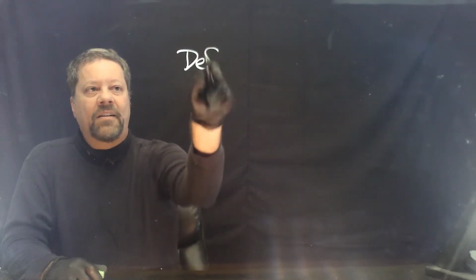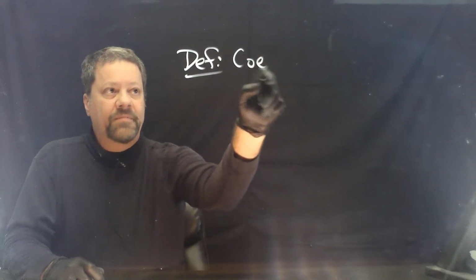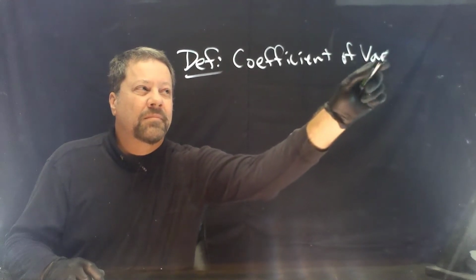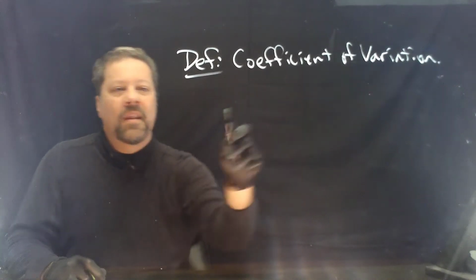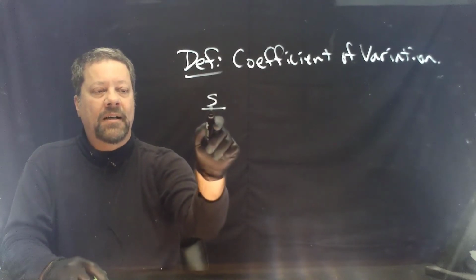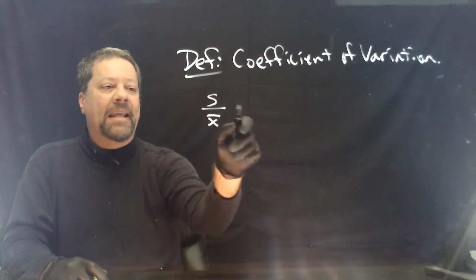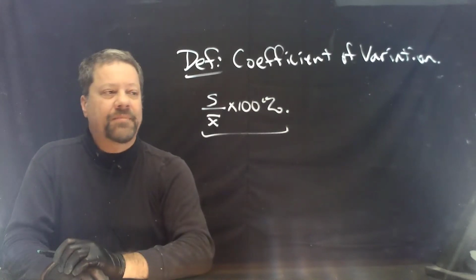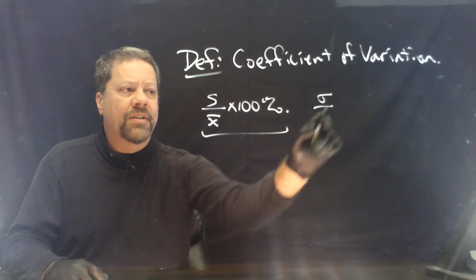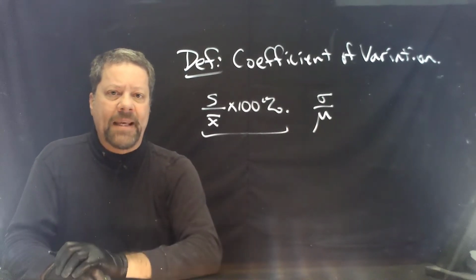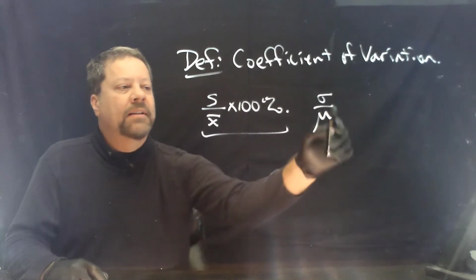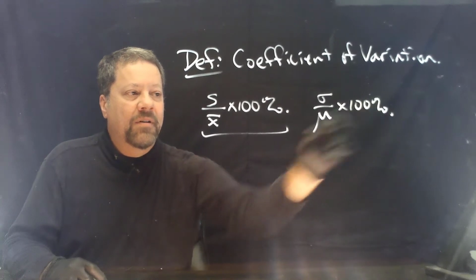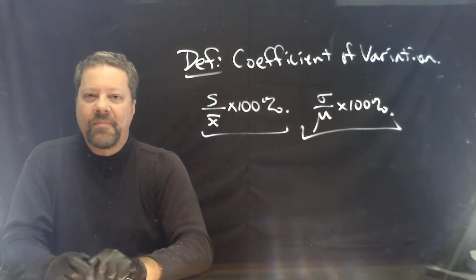There's also something called the coefficient of variation. It's the sample standard deviation divided by the sample mean times 100% for samples, and for populations, the population standard deviation divided by the population mean, denoted by mu, times 100% for the population parameter.